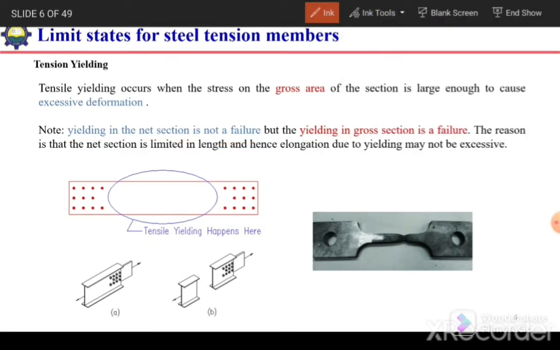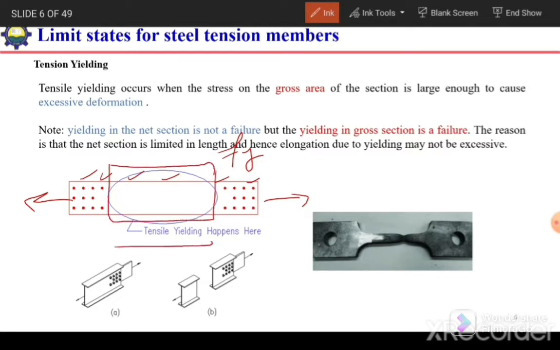What does it mean? For example, the applied load on this member is such that the stress in the member has reached yielding, Fy. So technically, every point of the member will yield. But if we consider the deformations, in this portion where we have the gross area, the length is larger, so the deformation will be excessive.